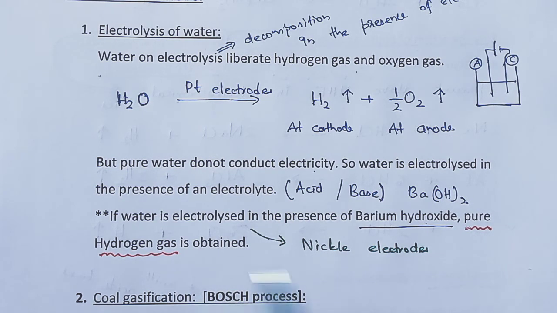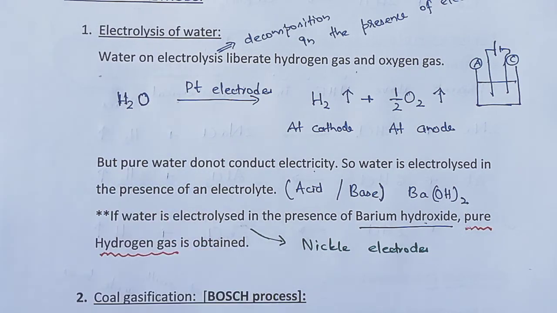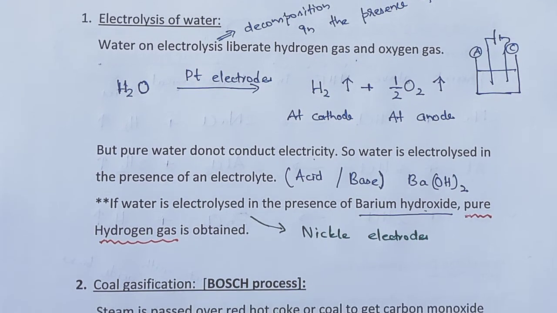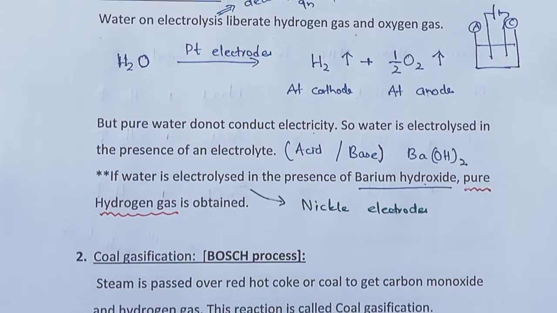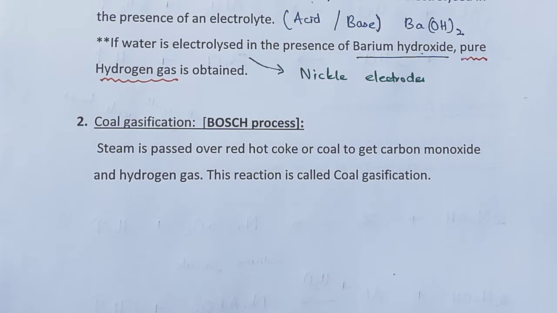Then we get pure hydrogen gas. Pure water does not conduct electricity. Therefore, we have to mix some electrolyte. If we use barium hydroxide as the electrolyte, then we can get pure hydrogen. Okay. First method is completed. Now we are starting the next method. It is called coal gasification.